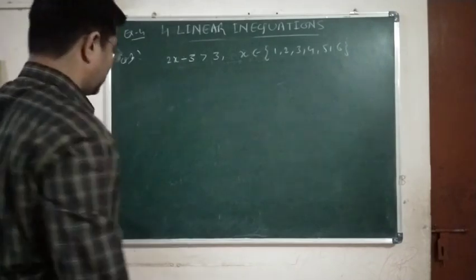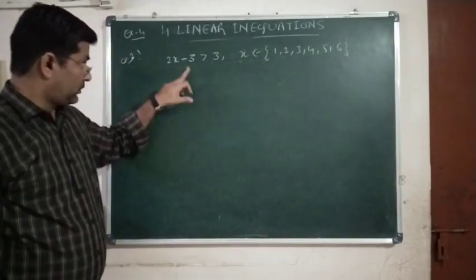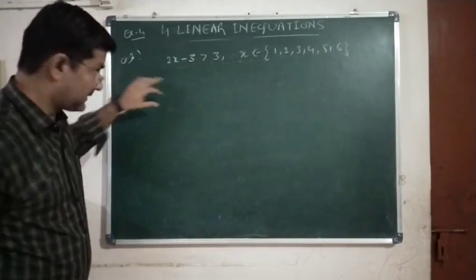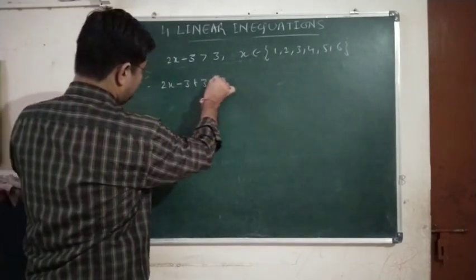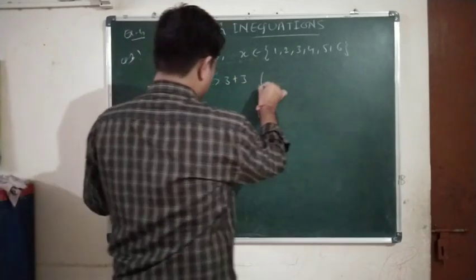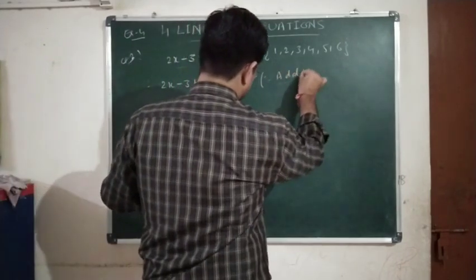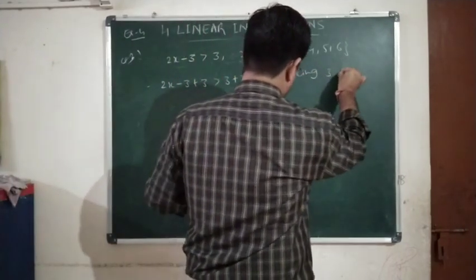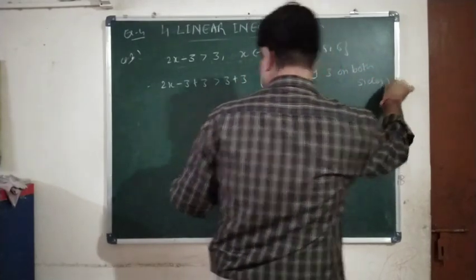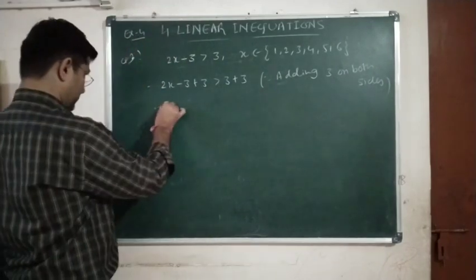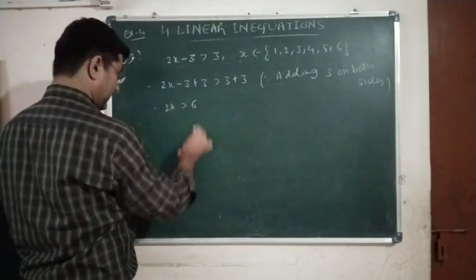Okay, let us solve once again. In order to remove minus 3, we will add 3 on both the sides. So 2x minus 3 plus 3, adding 3 on both sides. Therefore 2x is greater than 6.